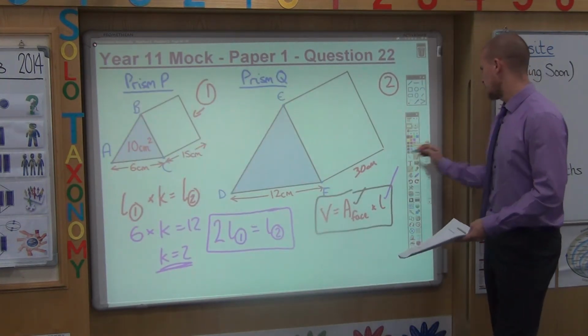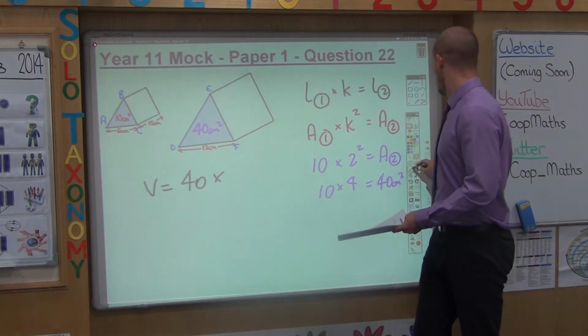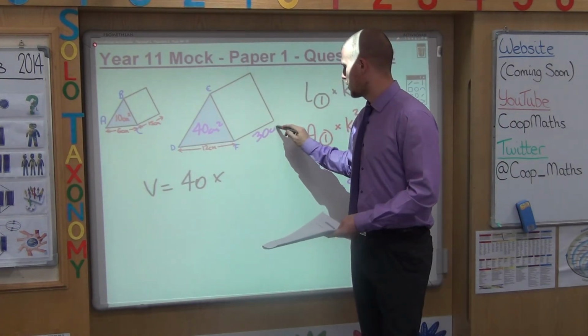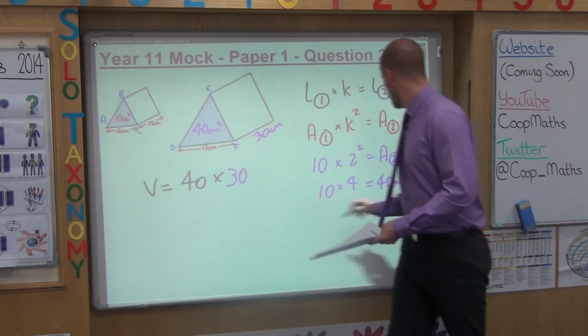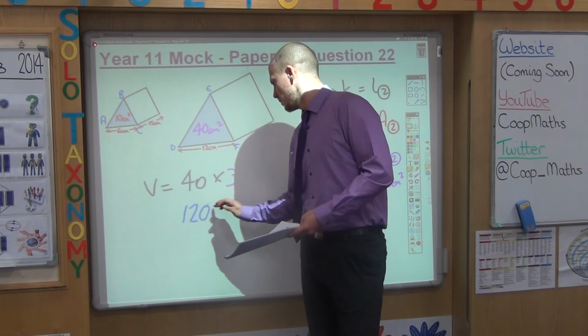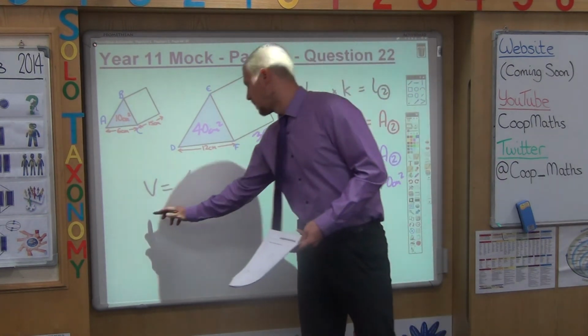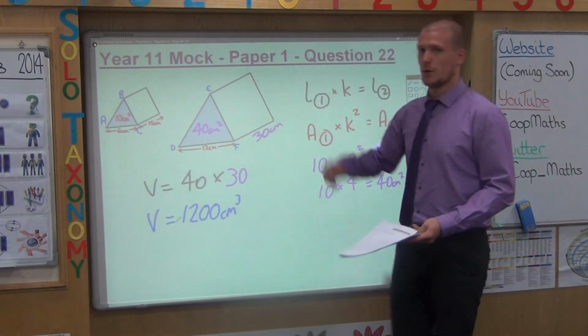Why did that be 15? Yeah, 30. So if we were to double it, that length is 30 centimeters. So we times by 30 here, and that will give you 1200. Remember, it's centimeters cubed because it's a volume. That's the volume of that prism.